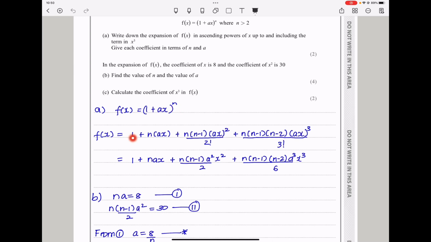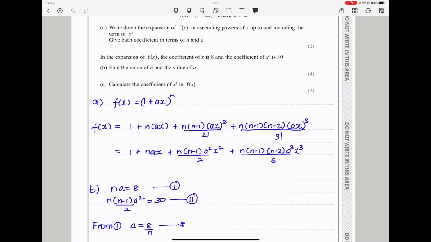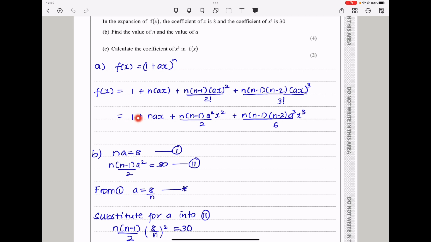This is going to be 1 plus nax plus n into n minus 1 ax squared over 2 factorial plus n into n minus 1 into n minus 2 ax cubed divided by 3 factorial. And to simplify, I got 1 plus nax plus n into n minus 1 a squared x squared divided by 2 plus n into n minus 1 into n minus 2 a cubed x cubed divided by 6. That is the expansion and the answer to part A.